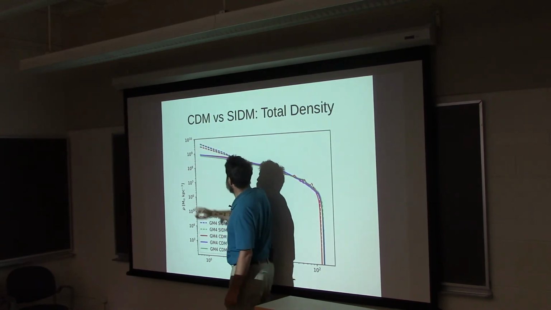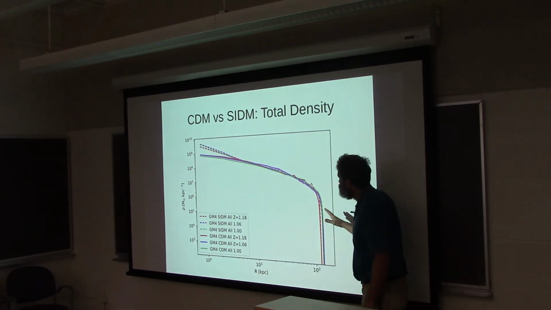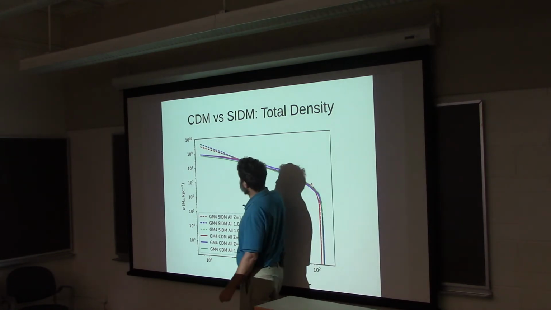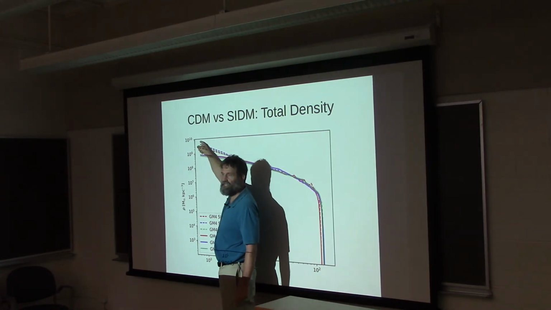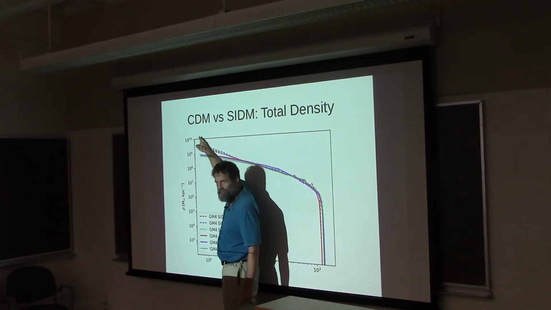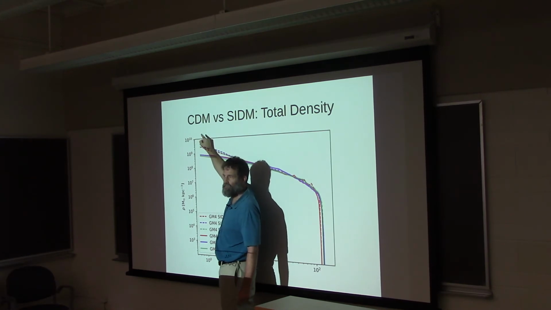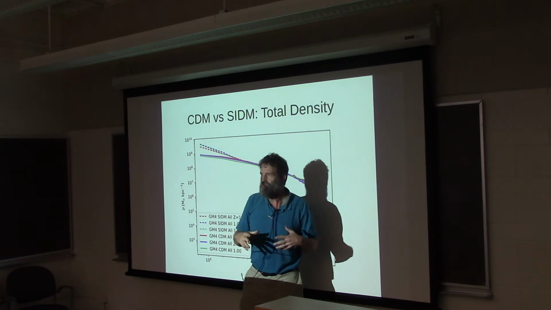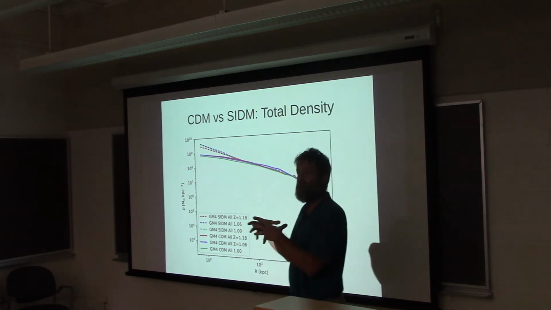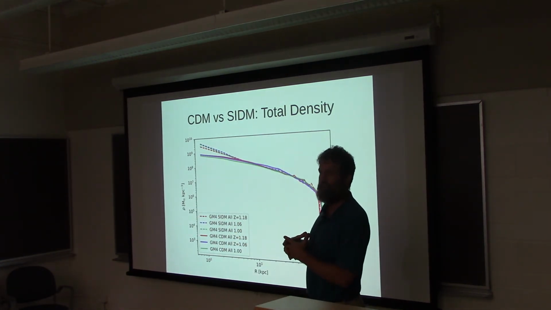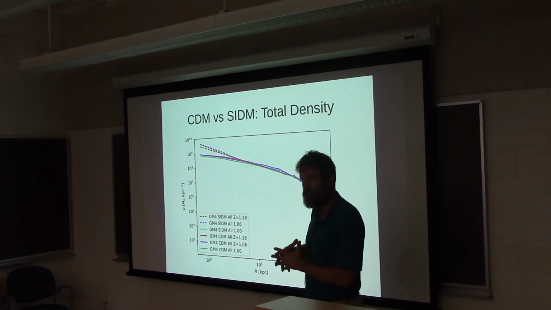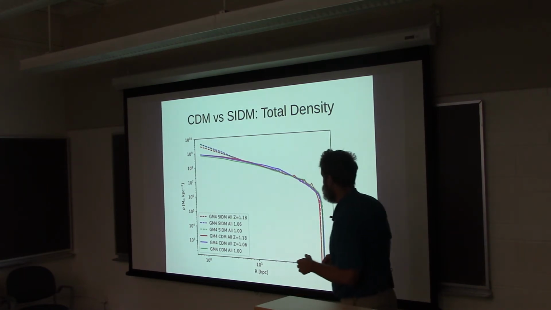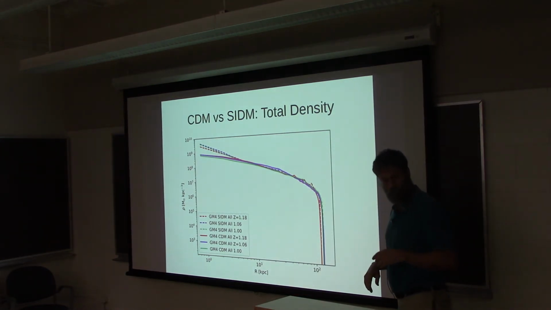So it's clear that what happened is that the baryons are now more concentrated in the self-interacting dark matter simulation. Then, as Chris mentioned, you have an adiabatic contraction. The dark matter is becoming more contracted because it's falling into the potential well of the baryons.